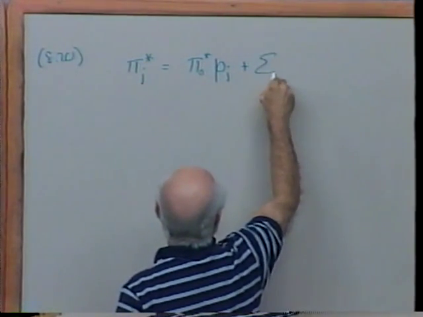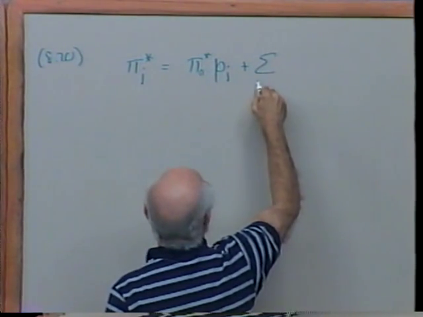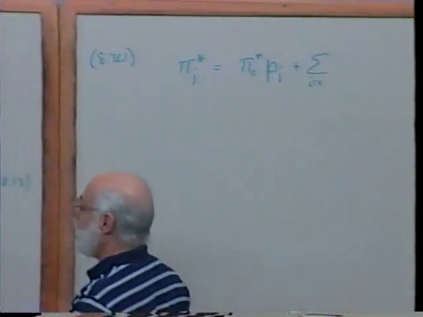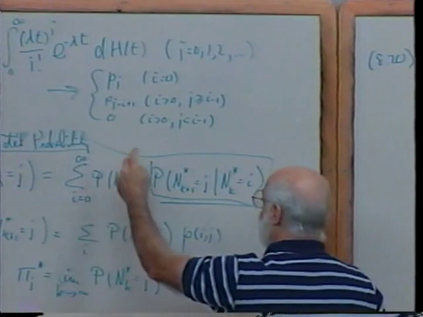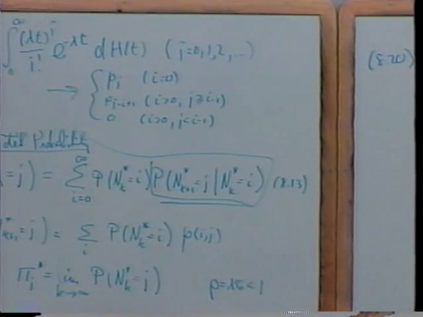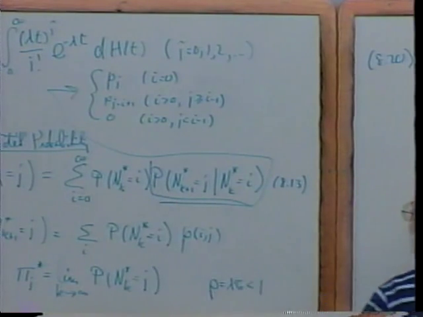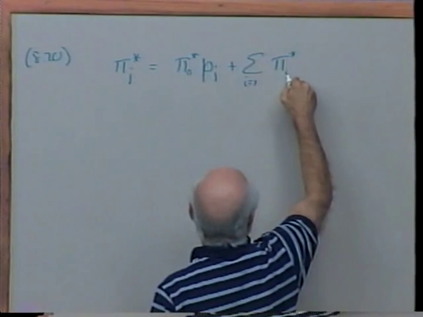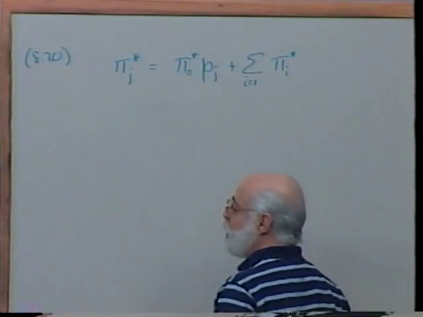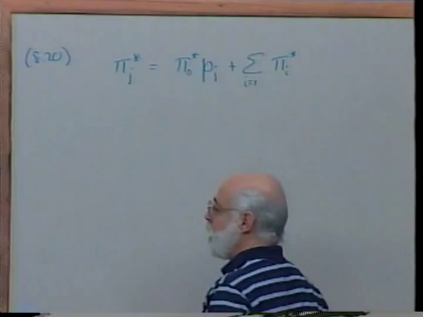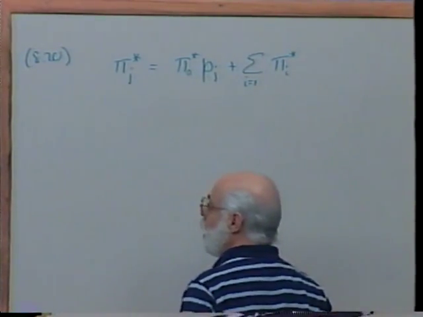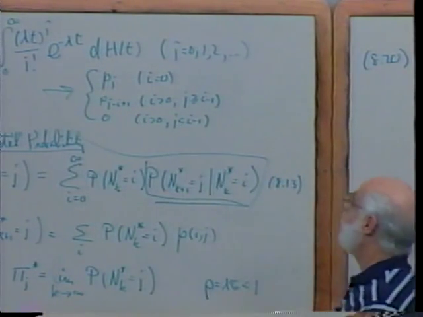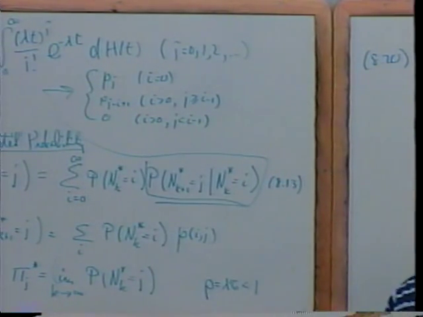Then we have the remainder of the terms, in which the sum runs from 1. Looking at the terms as i runs from 1 on up, I have the probability that the previous customer left behind i, times the probability that during that customer's service time, the number of new arrivals was j minus i plus 1. That's the case where i is greater than 0.